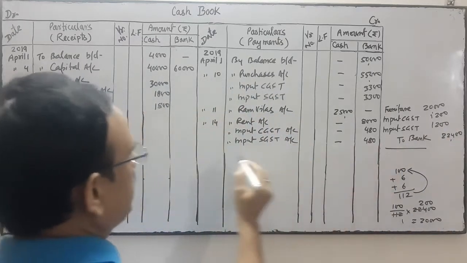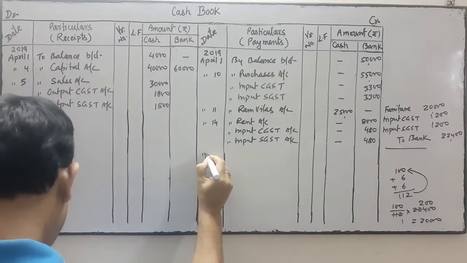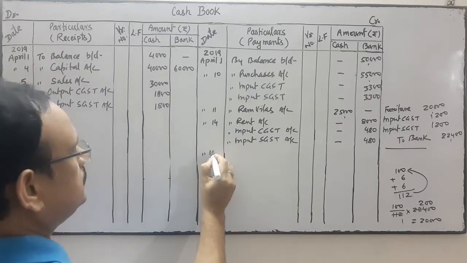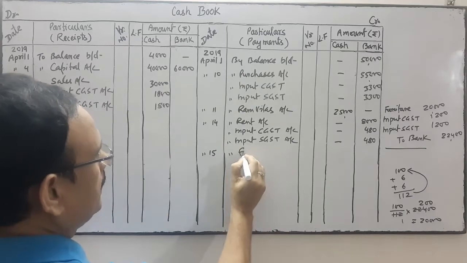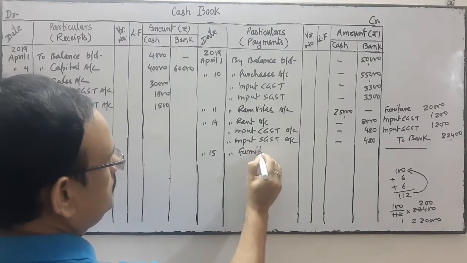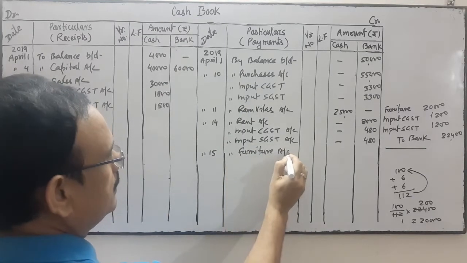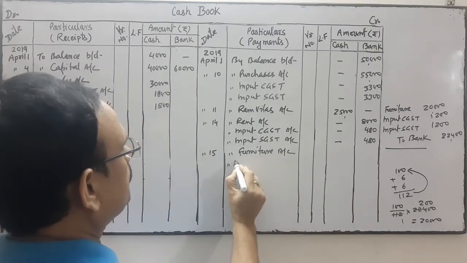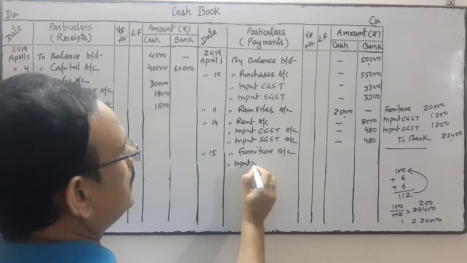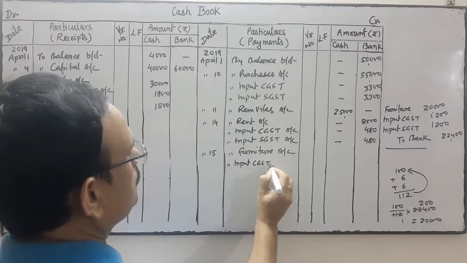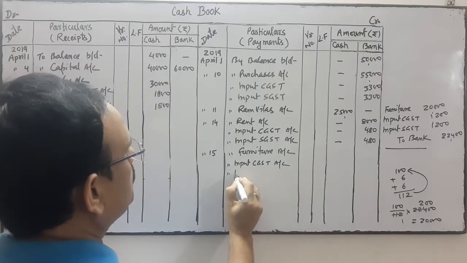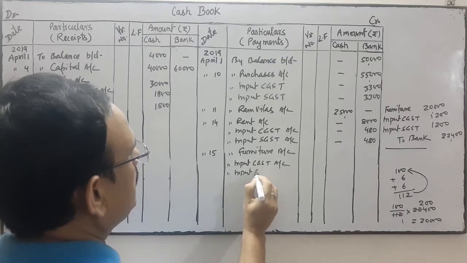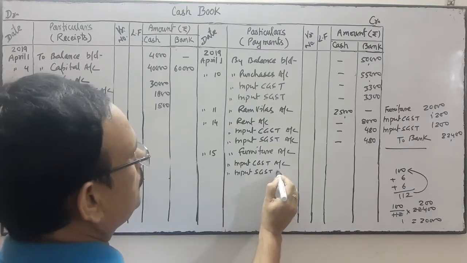So bank is on credit. So credit side, buy furniture account, buy input CGST account, buy input SGST account.